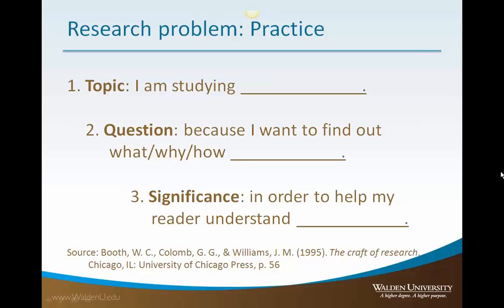You don't want to have a paragraph in your proposal that says, I am studying blank because I want to find out blank in order to help my reader understand blank. This is for purely note purposes only. But it helps you put words on the page, and then you can draft them and expand them and move from there into greater research and really focus your research and pull out some key support for your course papers and CAMs, key support for the lit review of your proposal. So let's see this model in action.